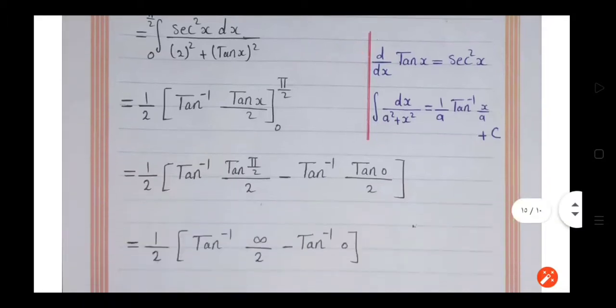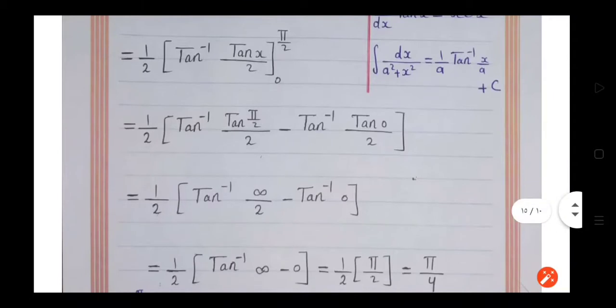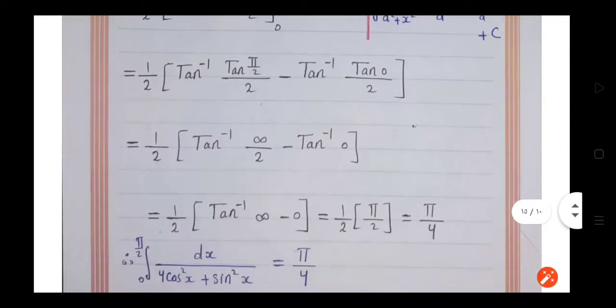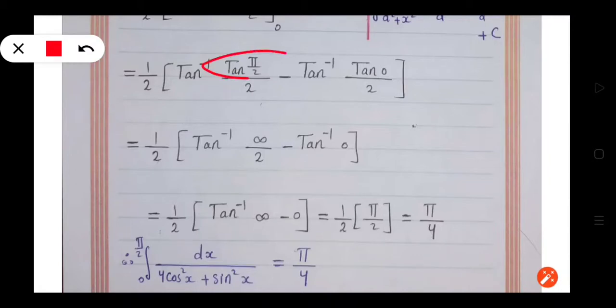Now put x by pi over 2 and put x by 0. Remember that tan pi over 2 equals infinity, and tan minus 1 for infinity gives us pi over 2.